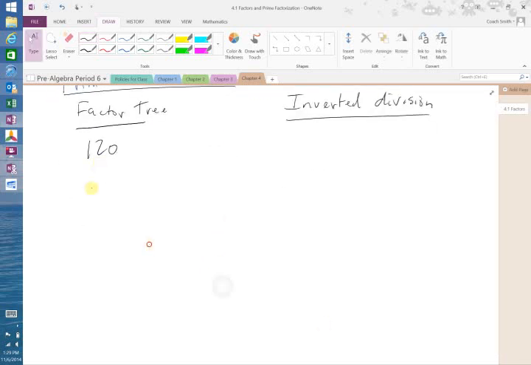Now, factor tree, we do what? To prime factor 120 with the factor tree, what am I going to do? A common factor with 120? No. 6 times 2 is 12.